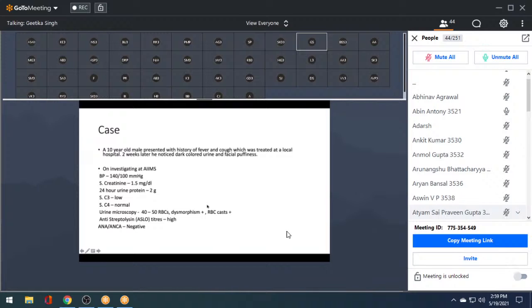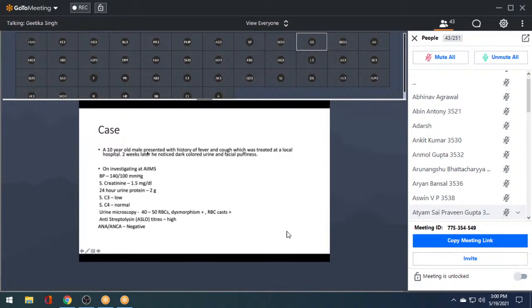So what are your thoughts? What are you thinking when you read this? What do you think the patient has? Post-streptococcal glomerulonephritis. Yes, this is a very classical picture of post-streptococcal glomerulonephritis.